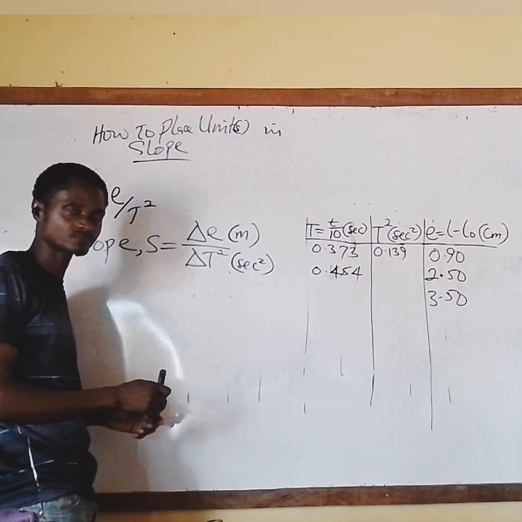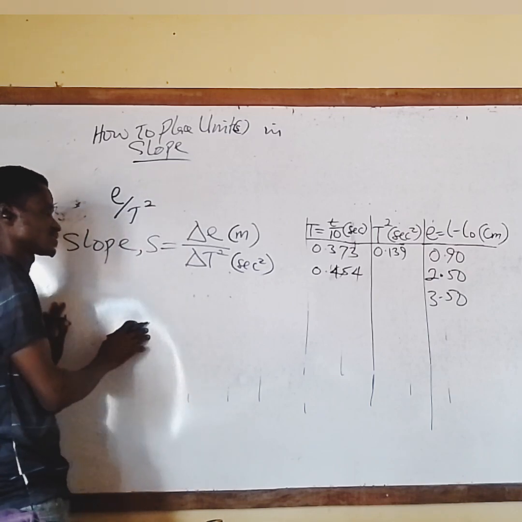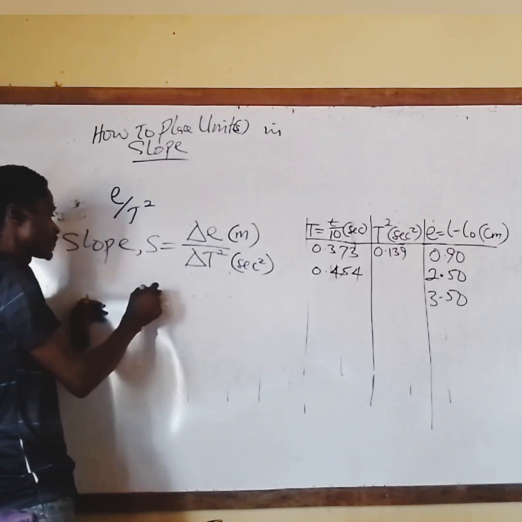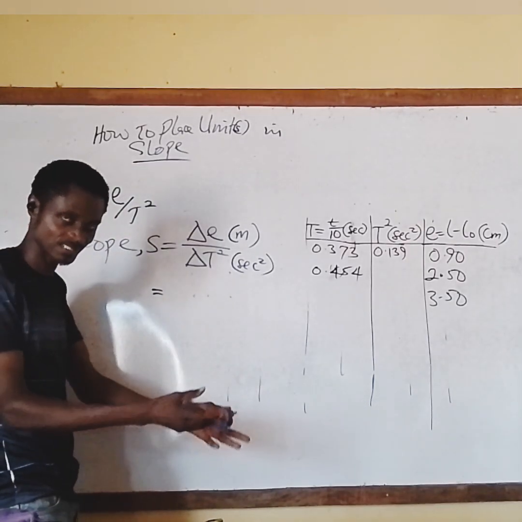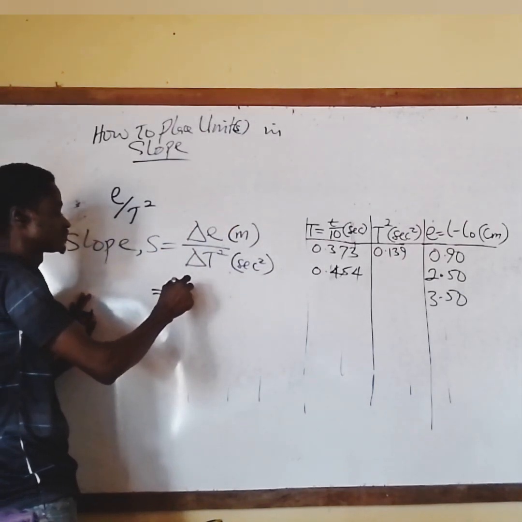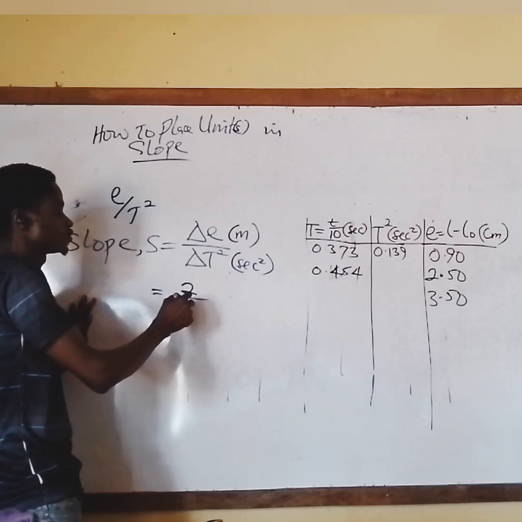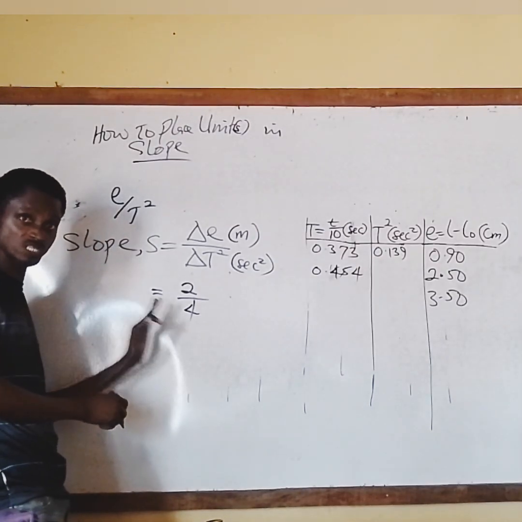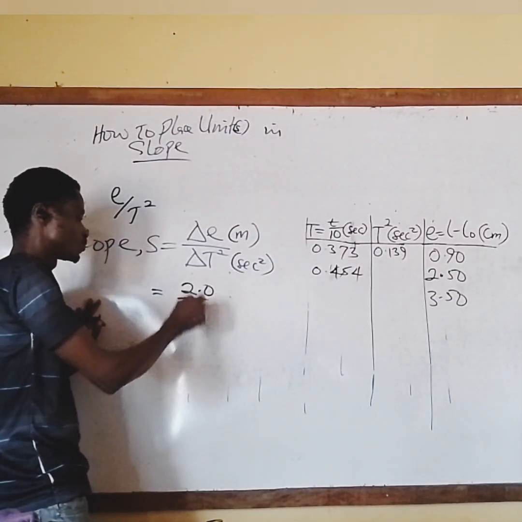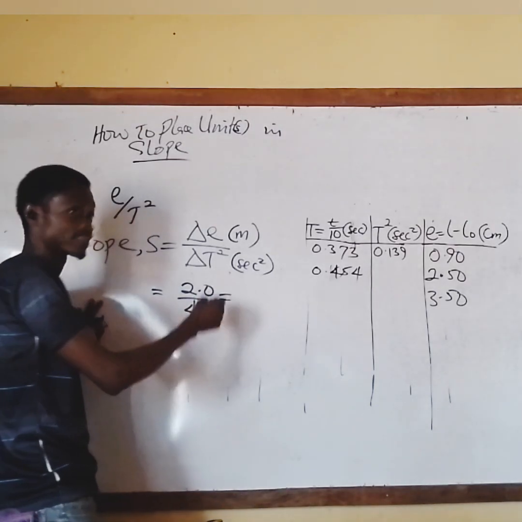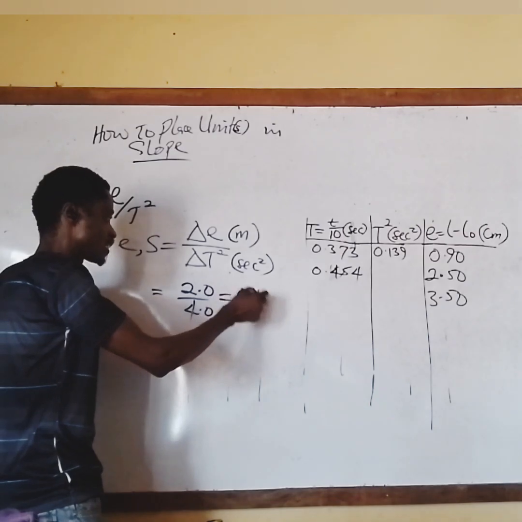Don't forget that. So in this case, if values are given, let's just say for instance, after getting the slope, you now have 2 over 4. I'm just using this for instance. 2.0 over 4.0. 2 divided by 4 is, as you all know, 0.5.